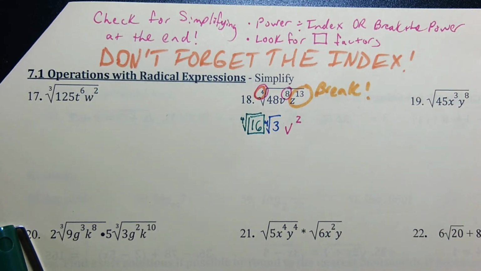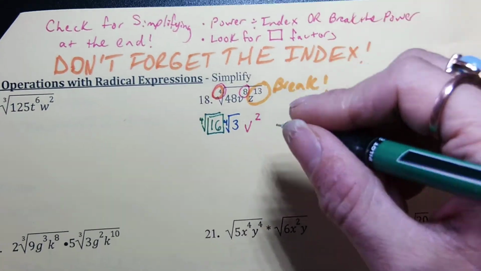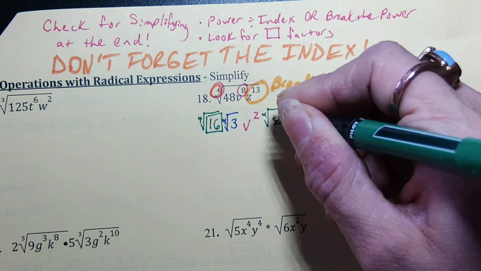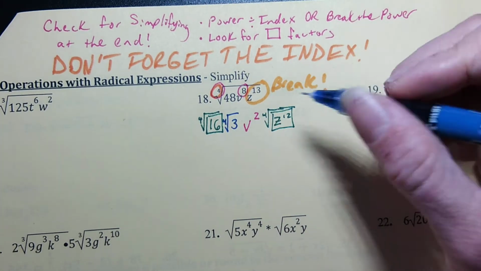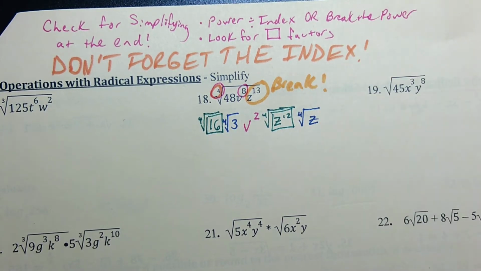We want to break it down into the biggest thing that is divisible by 4 and whatever is left over. So what's smaller than 13 that's divisible by 4? 12. So 4th root of z to the 12th. There's the perfect one that's going to be divisible. And then what's left over is z to the first, or just z.